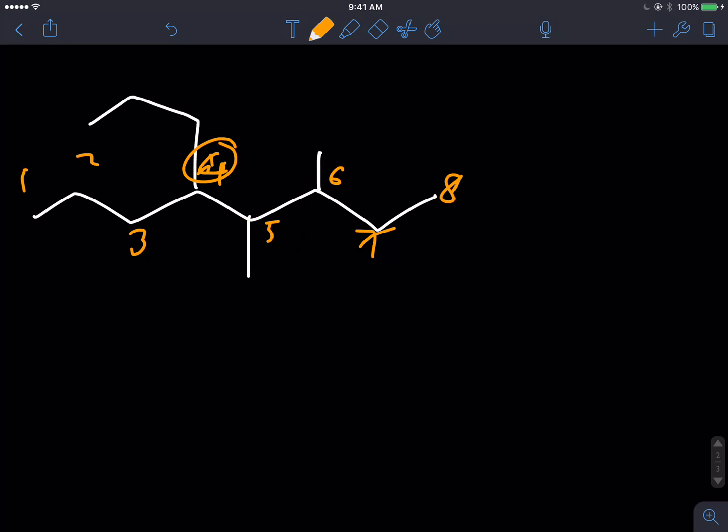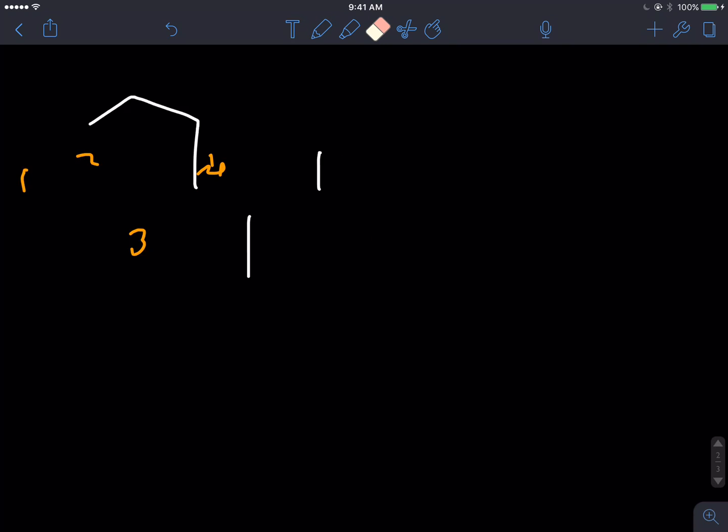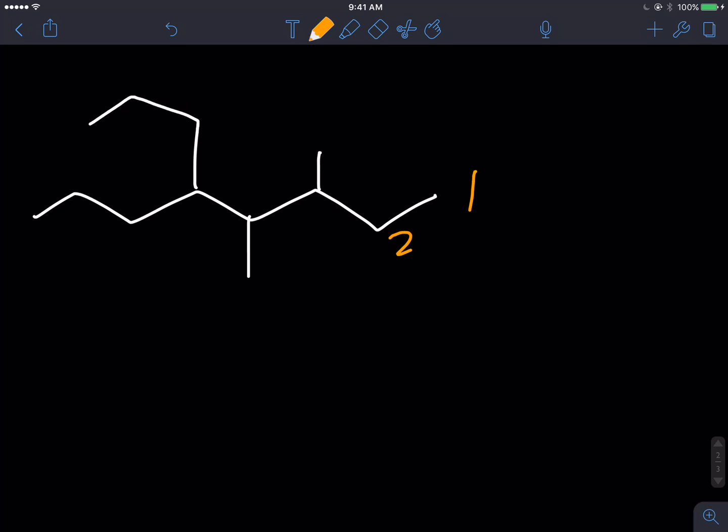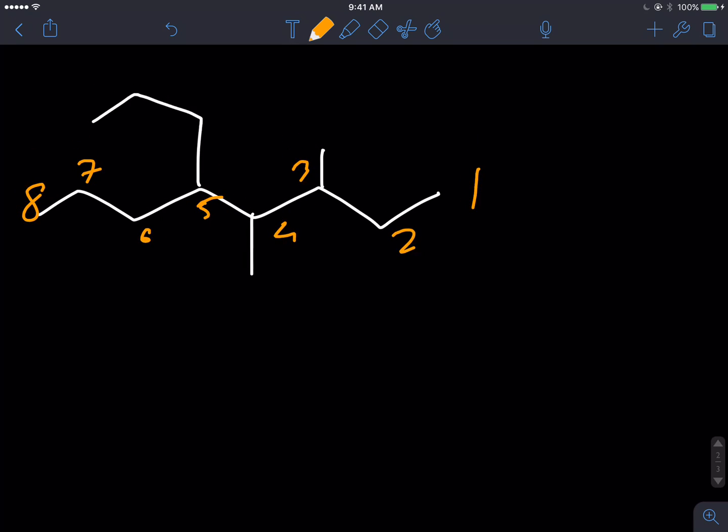So let's try the other way. 1, 2, 3, 4, 5, 6, 7, 8. 5, 6, 7, 8. So this was better, right? 3, 4, and 5. So it's smaller. So we have 1, 2, and 3.